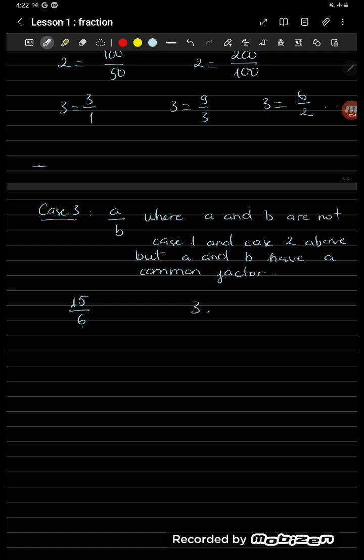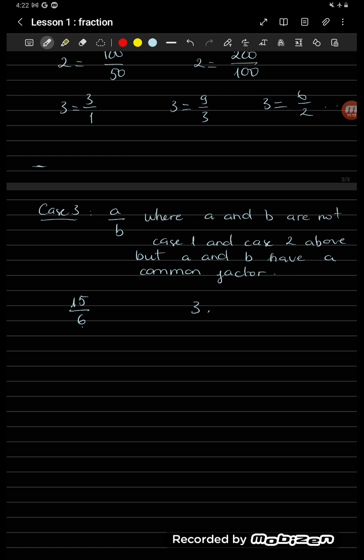So how can you find this common factor? This case is very simple because it's 15 over 6, so you can look at the multiplication table, and then you know the common factor is 3.